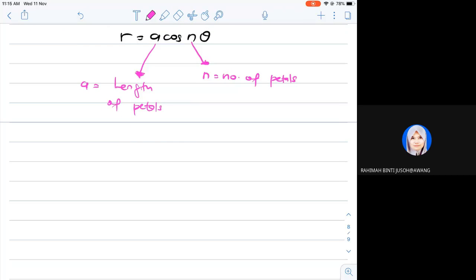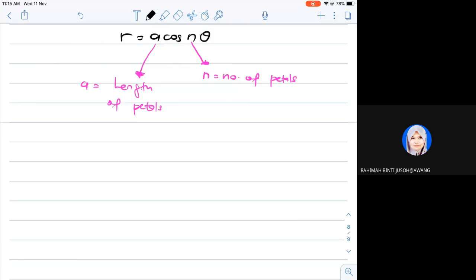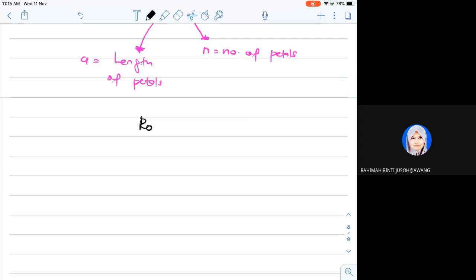So, how do we sketch for the case of roses? Okay. Let me put a table. Roses.